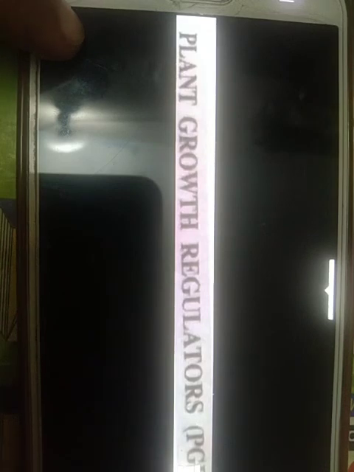That means the action of the auxin is opposite in the stem and the root. Similar responses may be shown by different plant growth regulators. Auxin and gibberellin promote cell growth, while the three growth promoters, that is auxin, gibberellin and cytokinin, are involved in the cell division. Plant growth regulators are effective at very low concentration, usually in the range of 10 to the power minus 6.